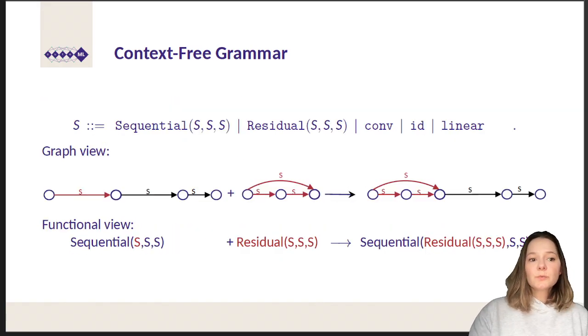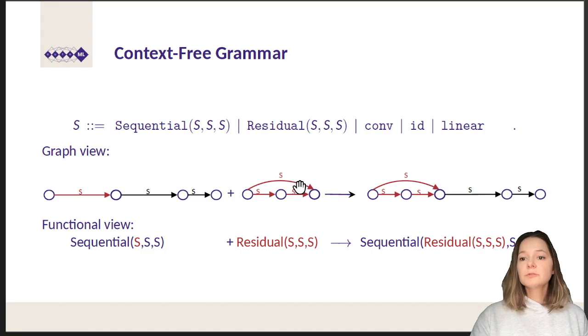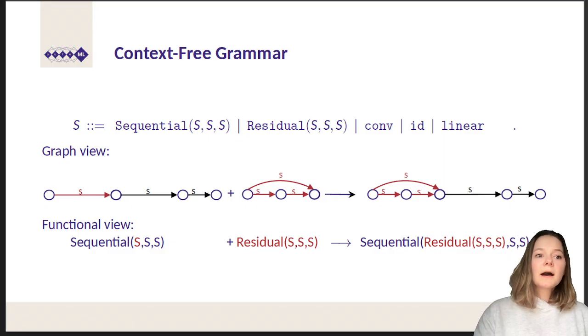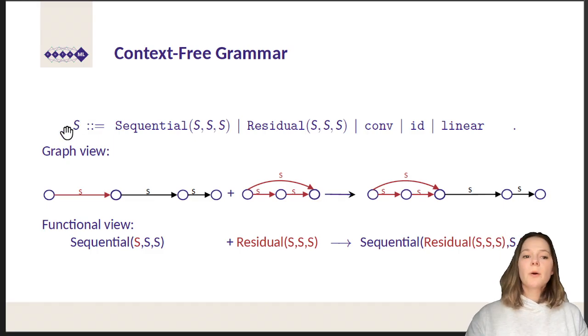So we start with S being a non-terminal. Our terminals are convolution, the skip connection, ID, and a linear layer. And we have our production rule, which decides what could be potential options to replace S. And the options are always divided by vertical bars here.